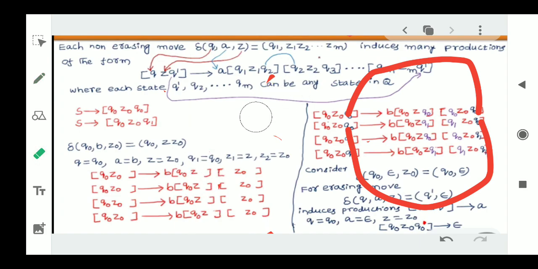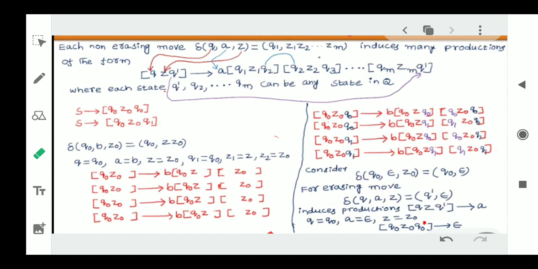Why? Because the number of states, Q0 and Q1, go in the place of Q2. Two possible states are there, right? And the same thing again we will substitute, Q0, Q1. These are the possible combinations we are having. Don't get confused, this Q2 is also representing the number of states.